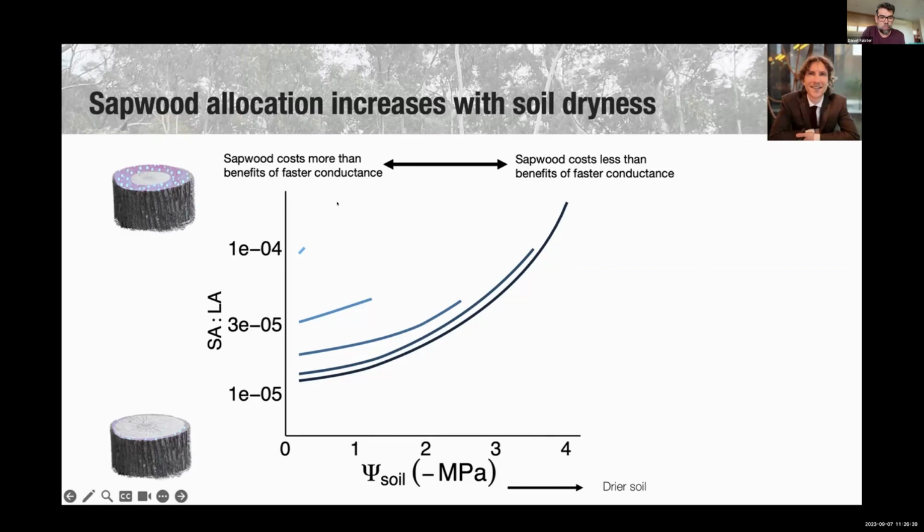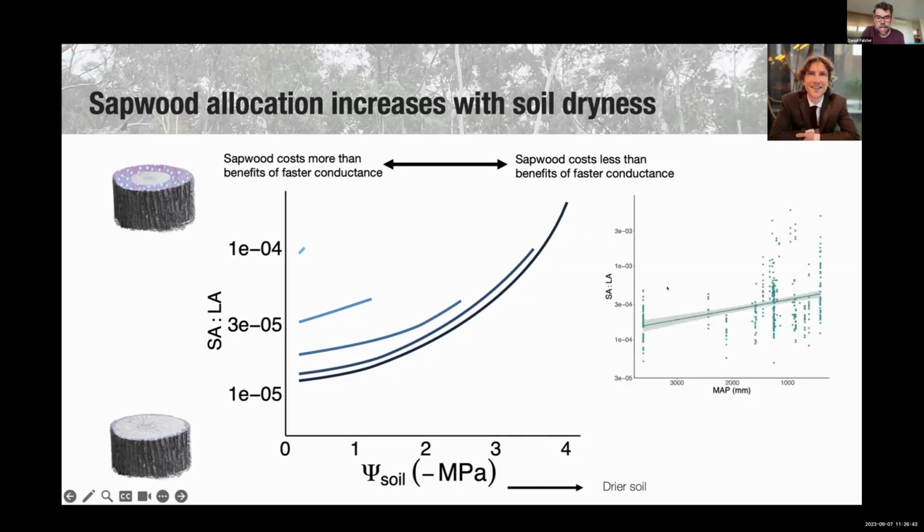And what you're seeing is that the predicted value is shifting. And here's the data that we have, to the extent we have it in AusTraits, and it seems to be aligning quite nicely in terms of the absolute value and the direction of the change. Maybe not the curvature, but we're getting reasonable qualitative agreement there. And this is mean annual rainfall flipped around so that it's on the same axis as this here, so from wet to dry.